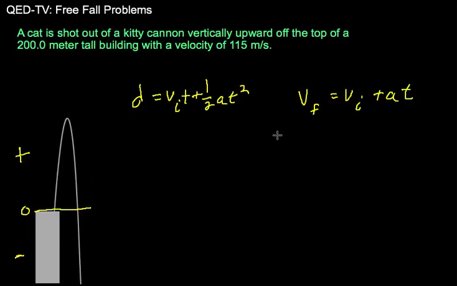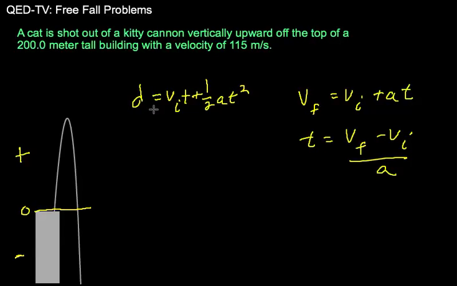So do I have a final velocity? Yes, I would, because it would be the velocity that I'm going to be coming as I come down to this yellow line, which would be negative 115, because my initial velocity is positive 115 up. And here my velocity is 115 down. It's symmetrical. And my acceleration is negative 9.81. So I could figure out my time this way. So I could take time equals VF minus VI over A, and I could figure out my time.